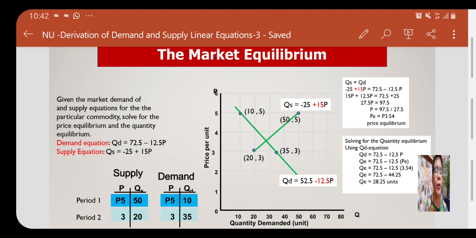The Q now becomes the quantity equilibrium. So quantity equilibrium now is equal to 72.5 minus 12.5 times the price equilibrium of 3.54. Simplifying, we will have quantity equilibrium is 72.5 minus 44.25, and so the outcome is 28.25 units, which is the value of our quantity equilibrium.